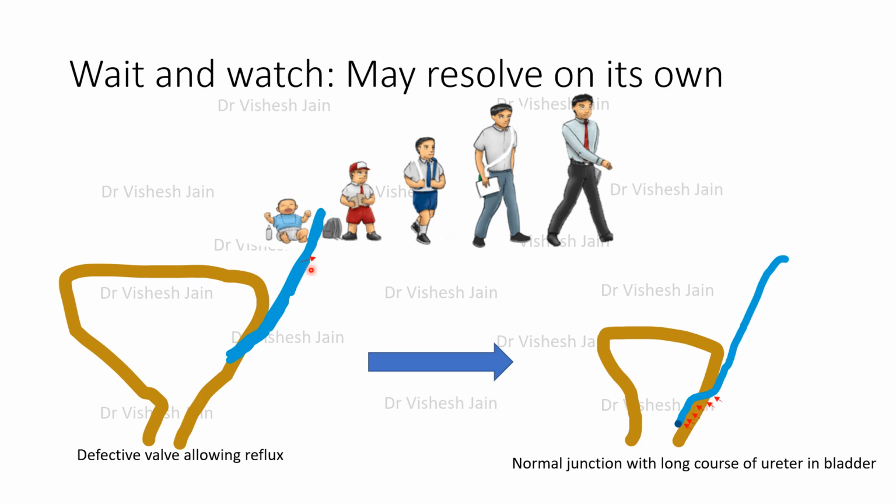The ureter may also grow, the bladder may grow, and probably this reflux can resolve on its own. But a very watchful follow-up has to be done with your pediatrician or the pediatric surgeon so that if there is any damage to the kidneys, these patients can be immediately taken off this conservative approach and operated.